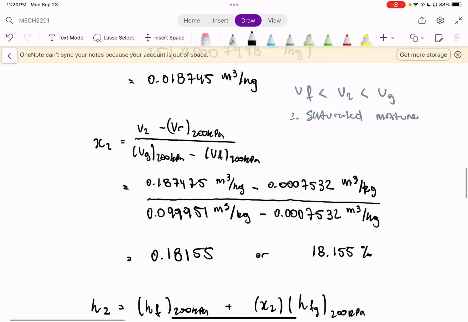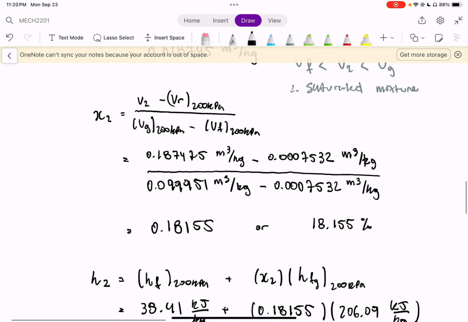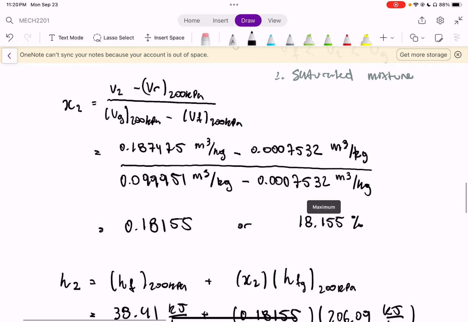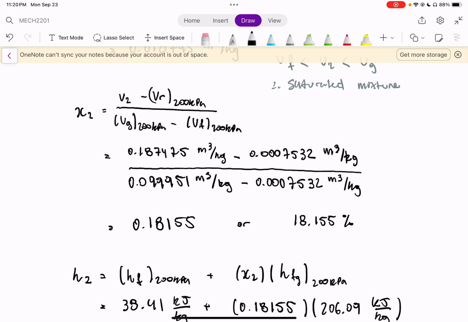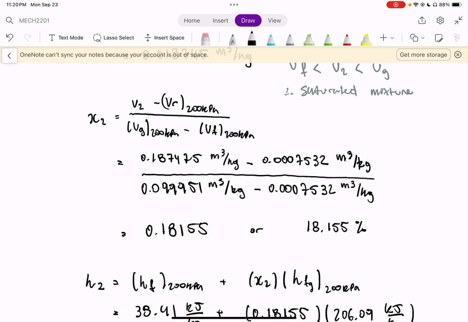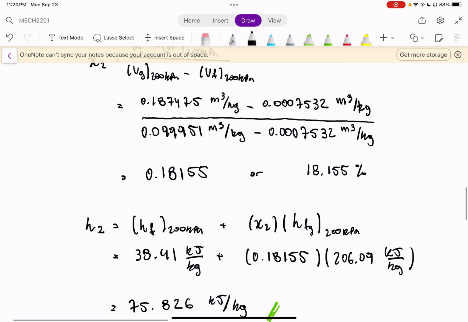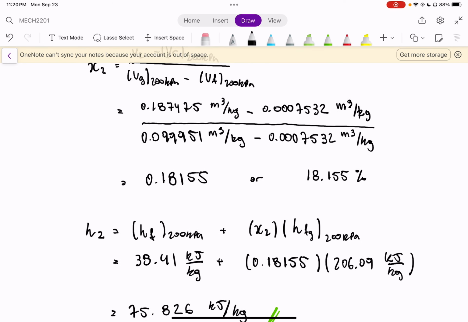And we can use table A-12 to find all these values. Once we find these values and simplify, we get 0.18155, or in other words, 18%, is the value of x2, which is the ratio for vapor.